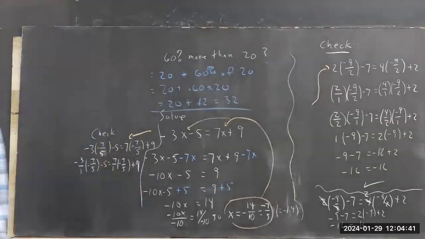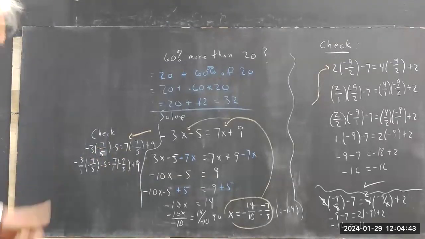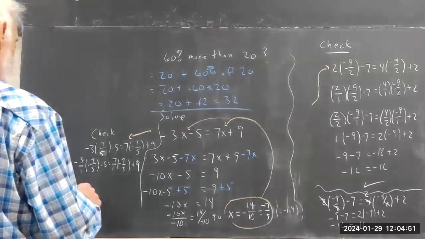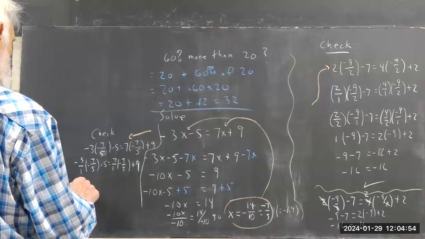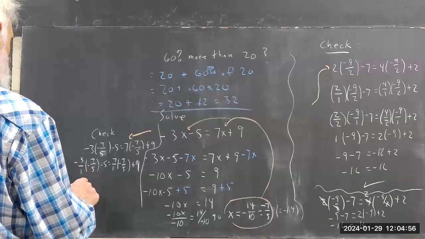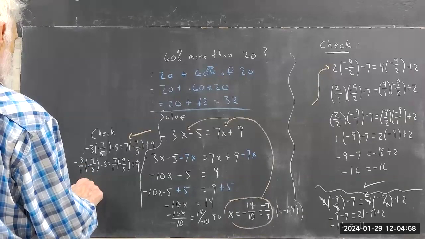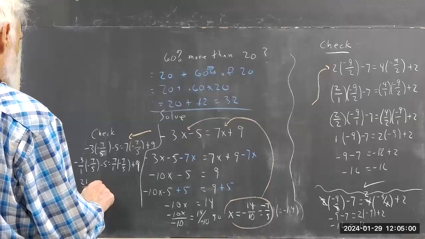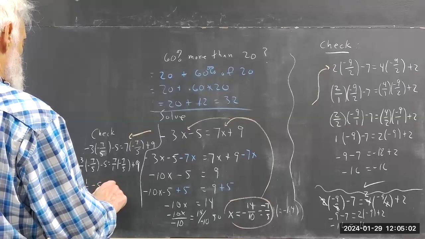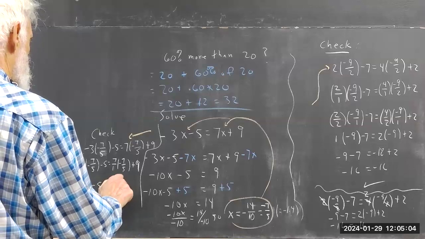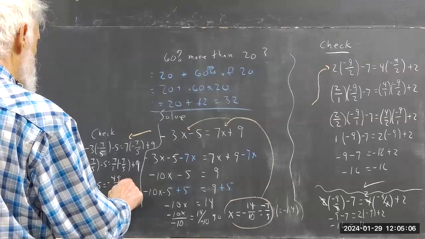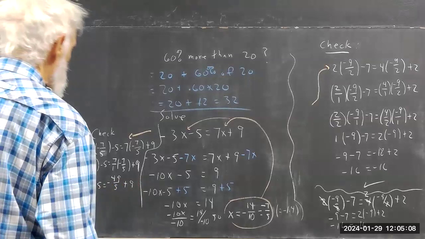Writing the numbers that are multiplied by the fractions with denominator 1. Make sure that we understand that we're multiplying numerator by numerator, denominator by denominator. I get minus 21. Well, actually, minus times a minus is going to give me a plus. I get 21 over 5 minus 5 equals negative 49 over 5 plus 9.